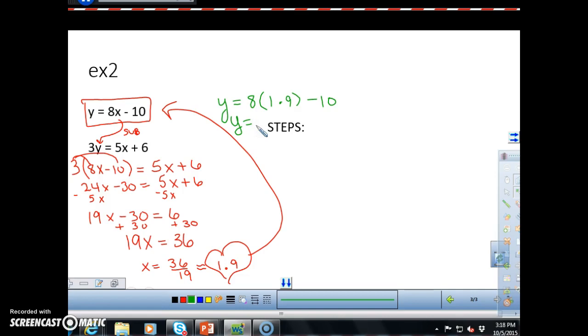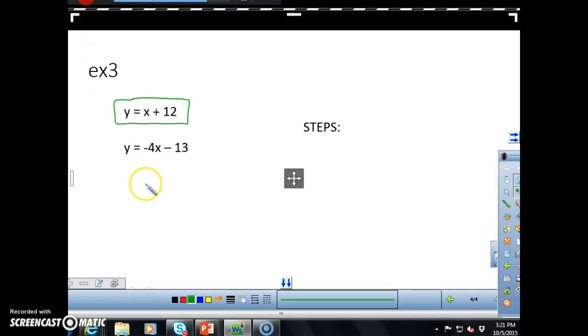Wait. 15.2 minus 10. So here's our ordered pair. 1.9 was x, y 5.2. Which part? 15.2. Equation.